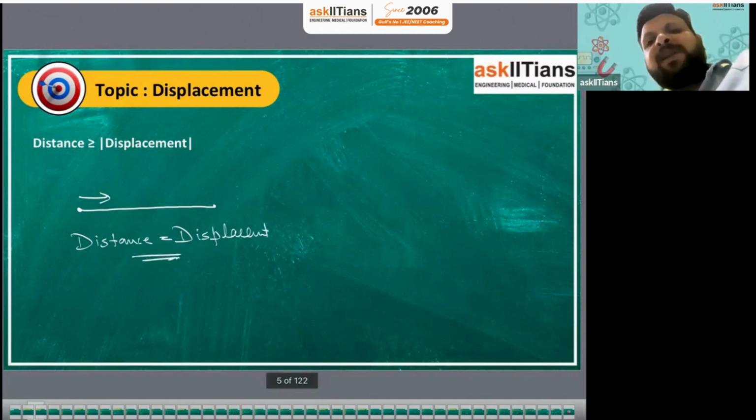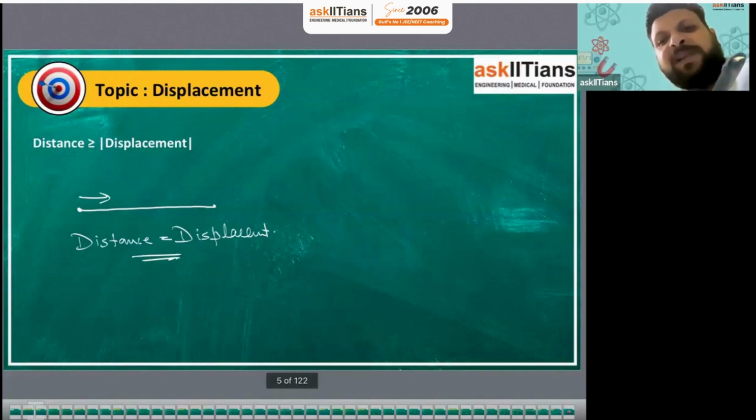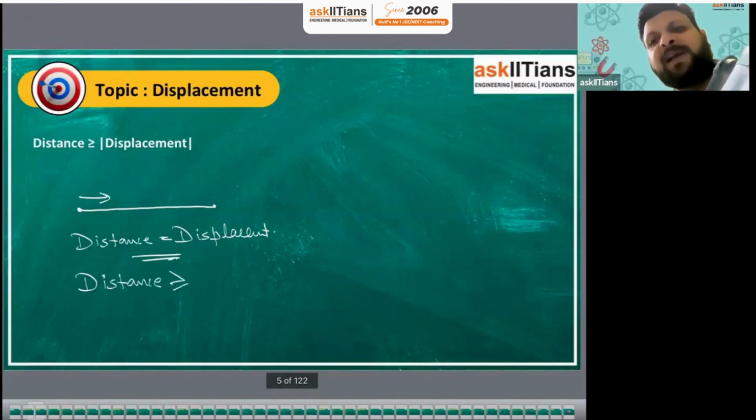And as we have seen in the previous case, distance is greater than the displacement. So distance is always greater than or equal to mod of displacement.